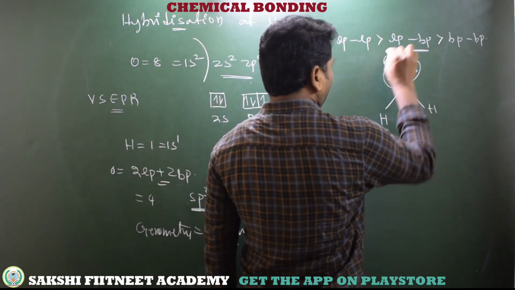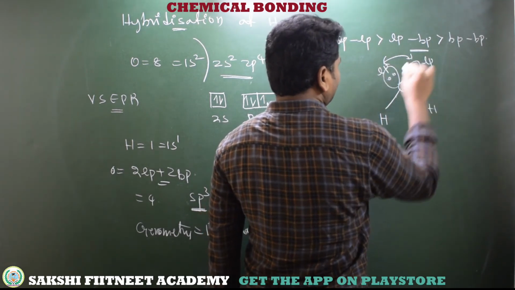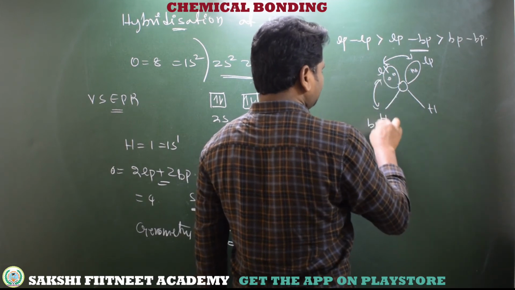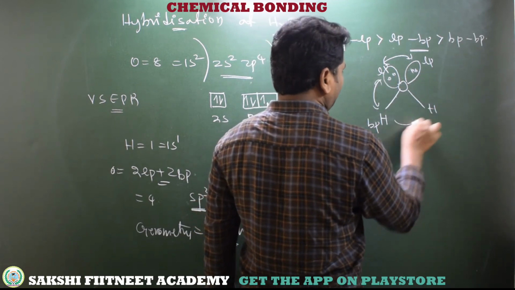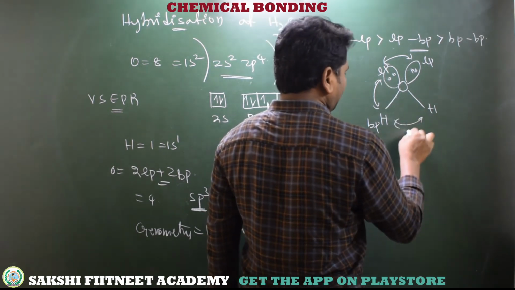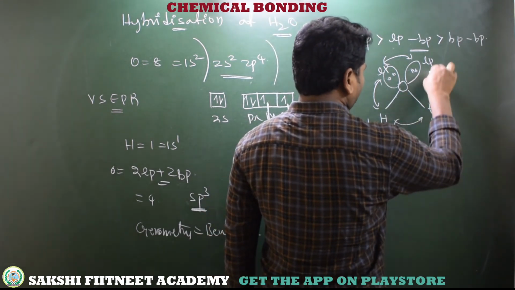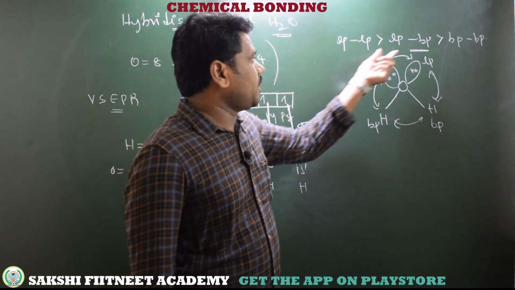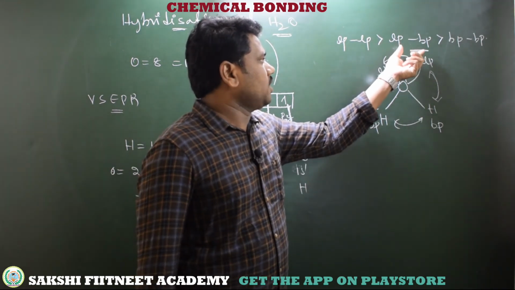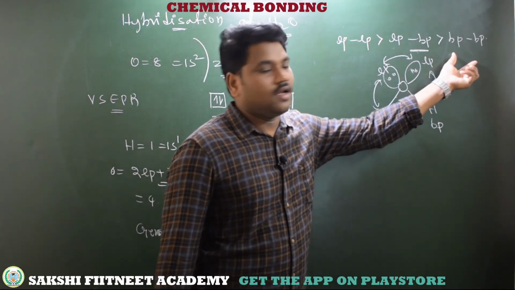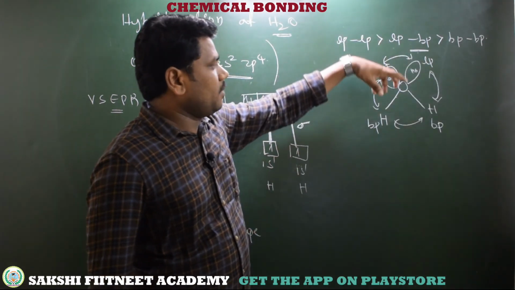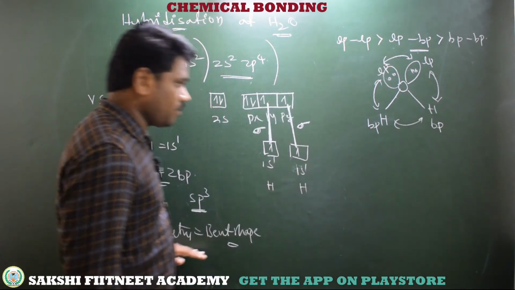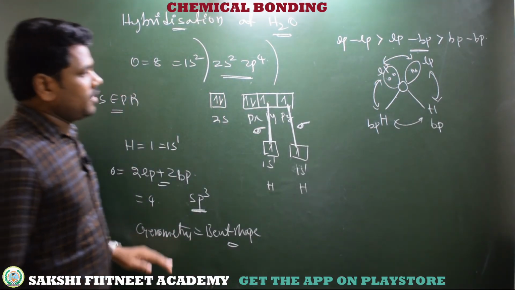Lone pair-bond pair repulsion is somewhat less compared to lone pair-lone pair. Bond pair-bond pair repulsion is very weak compared to lone pair-bond pair. To avoid these repulsions, the orbitals arrange in a particular way around the central atom, and that is called geometry. So the water molecular geometry is bent shape.